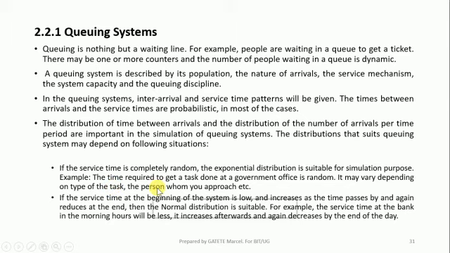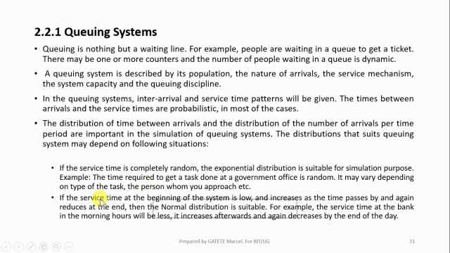If the person is very slow or not a professional, it will take a lot of time to complete the task. We use the exponential distribution because we don't know in advance what time we require to complete the task, because it will vary.